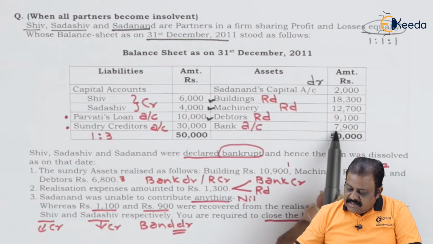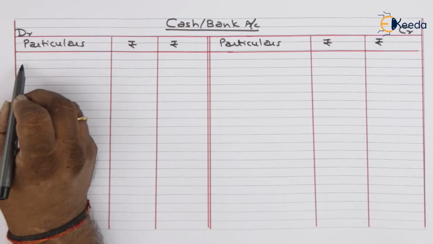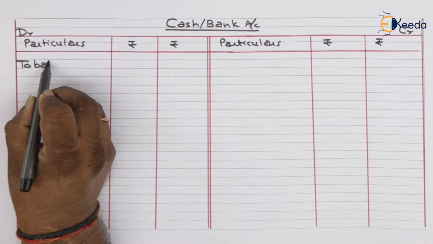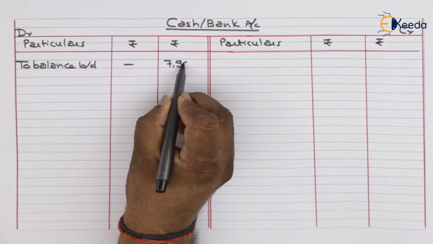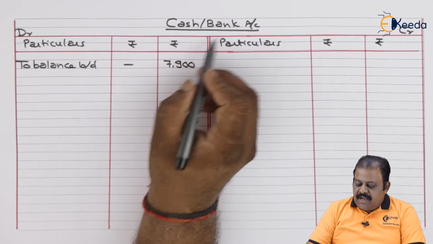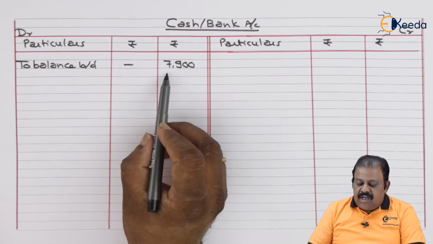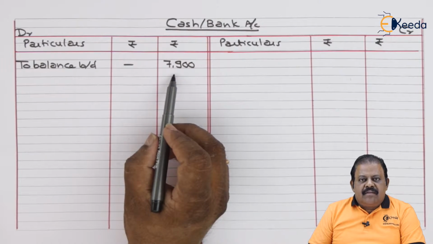Bank 7,900. Cash bank account debit, to balance brought down 7,900.